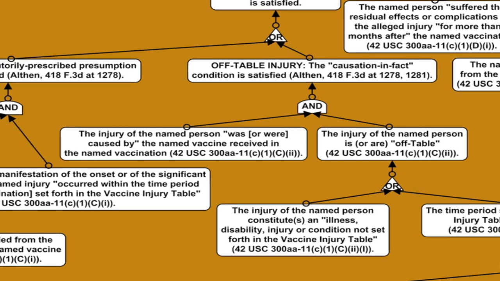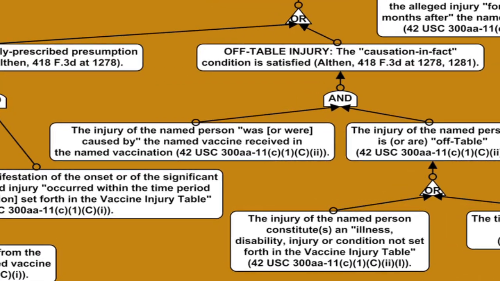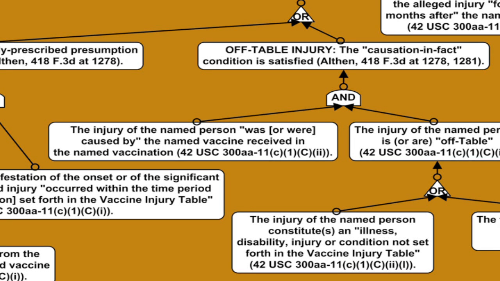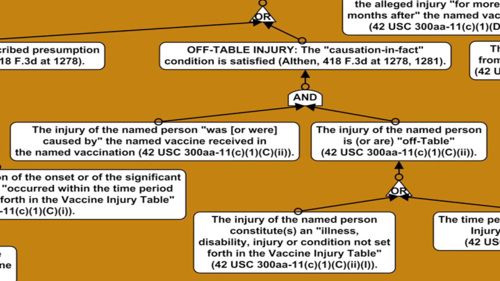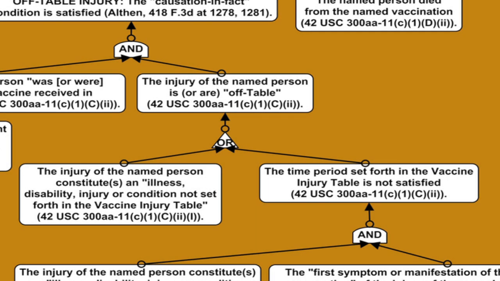We see from the tree that in order to prove causation-in-fact, there are two requirements. First, that the person's injury was caused by the vaccine received in the vaccination. And secondly, that that injury is what is called off-table. The petitioner may establish an off-table injury in one of two ways.